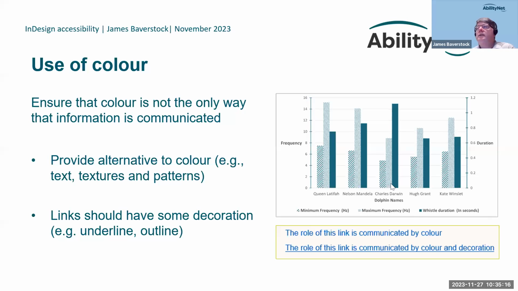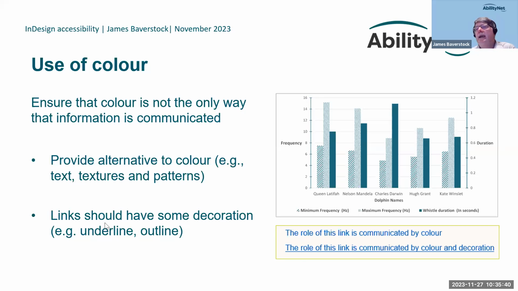So we're using color plus a pattern. We can also provide text, such as textual labels pointing to the various things on charts or graphs, so that there is text as well as color. It's about having that extra way of understanding it that doesn't just rely on color.